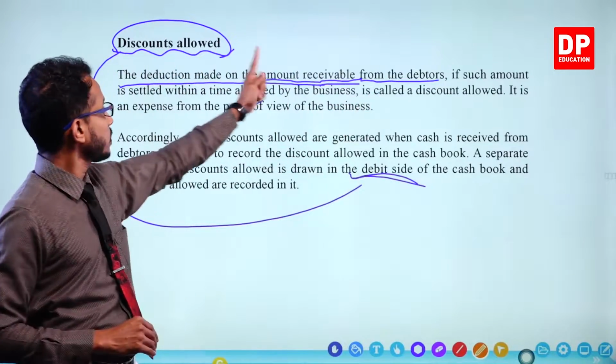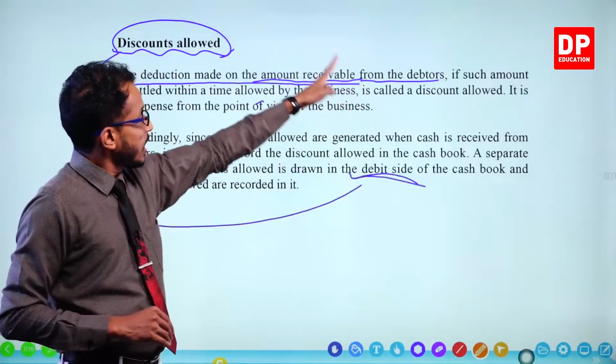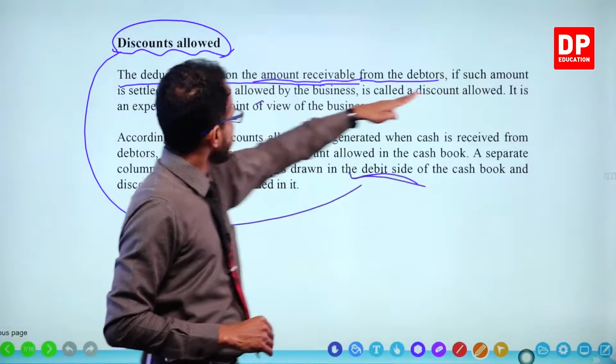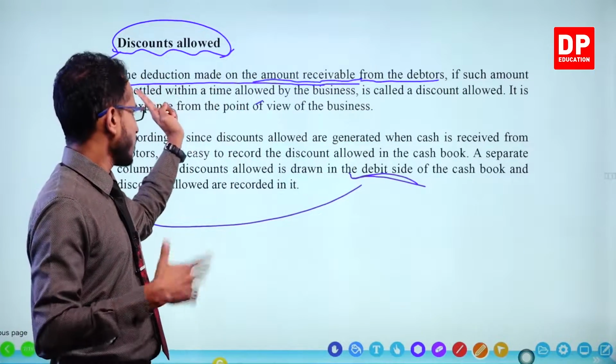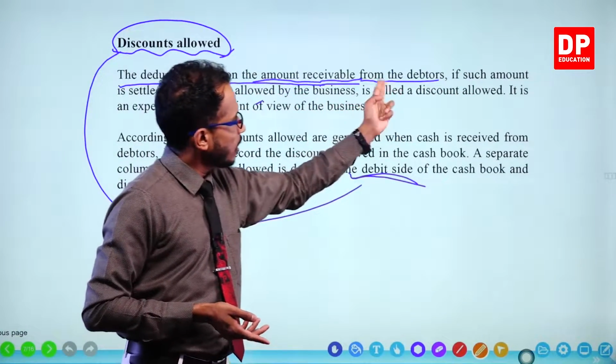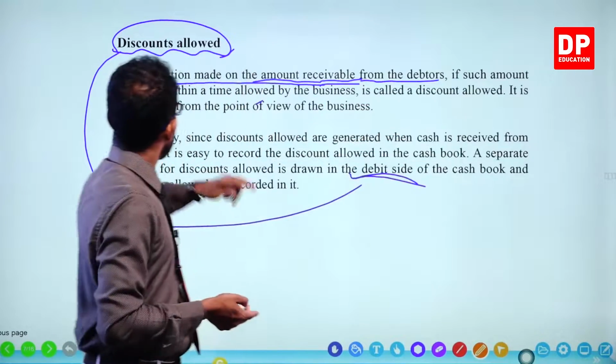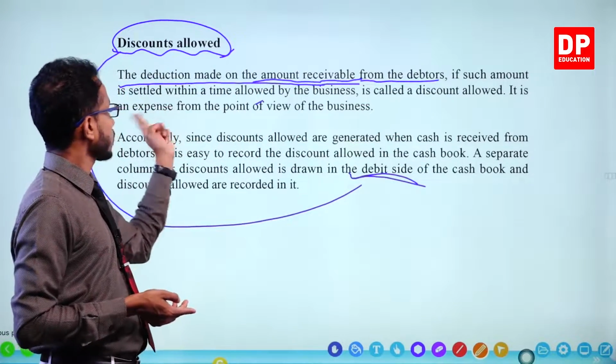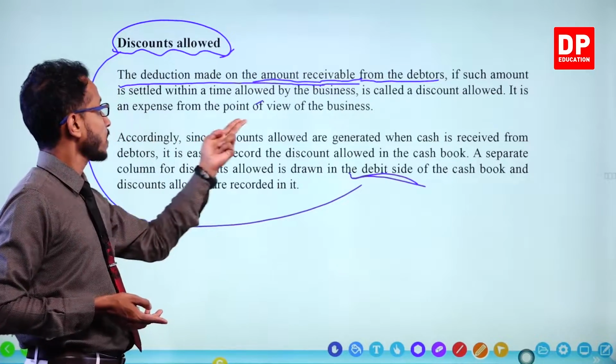Discounts allowed, expenses. From debtors, if such amount is settled within a given period of time, a discount allowed is given. It is an expense. See? We talked about this, right?